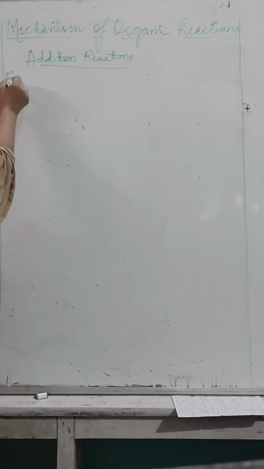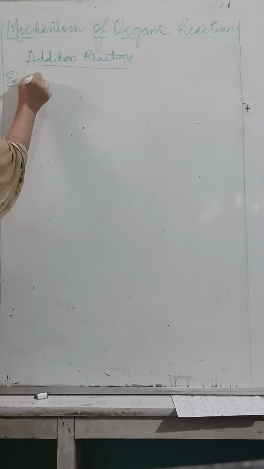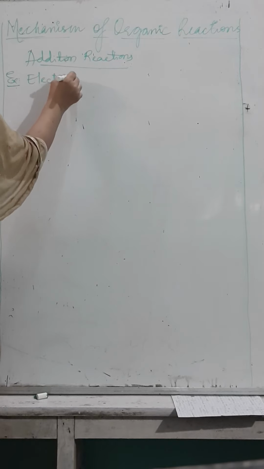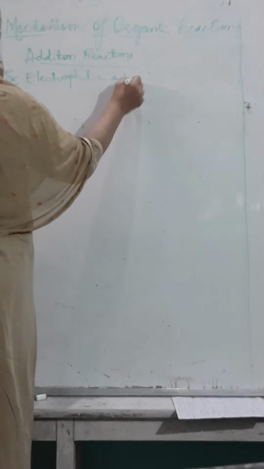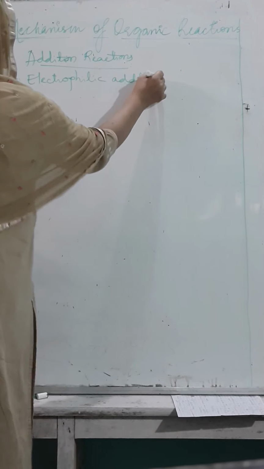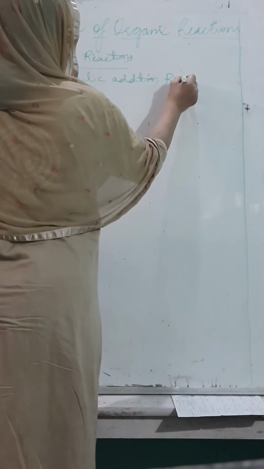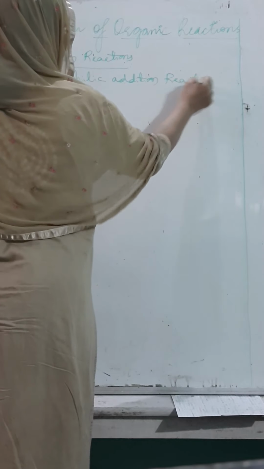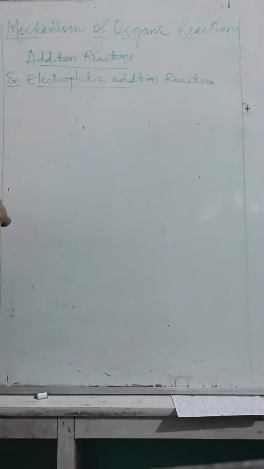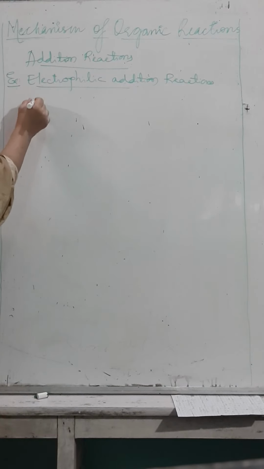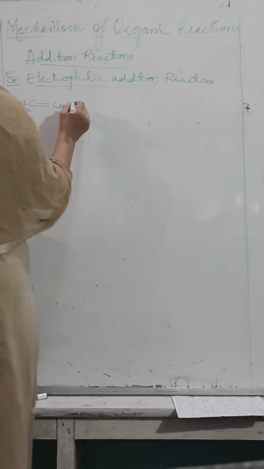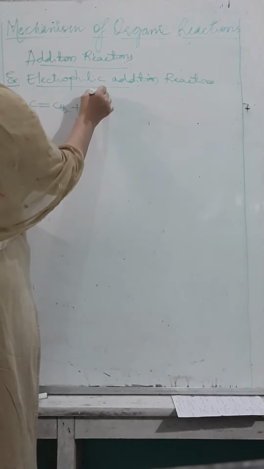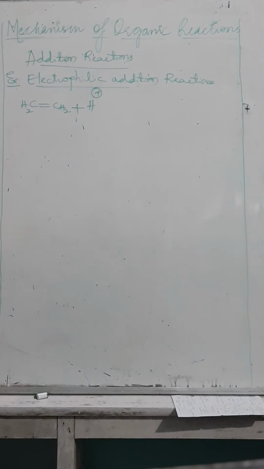Let us move to the first example, an electrophilic addition reaction. One of the electrophilic addition reaction mechanisms we have studied in first year is related to ethene, a symmetrical alkene, with the electrophile H+.